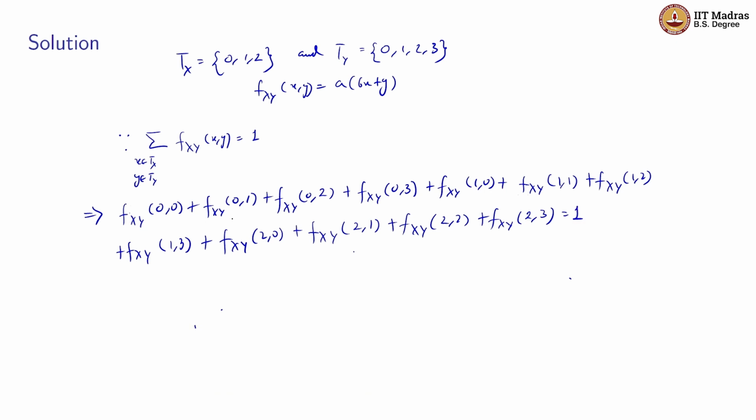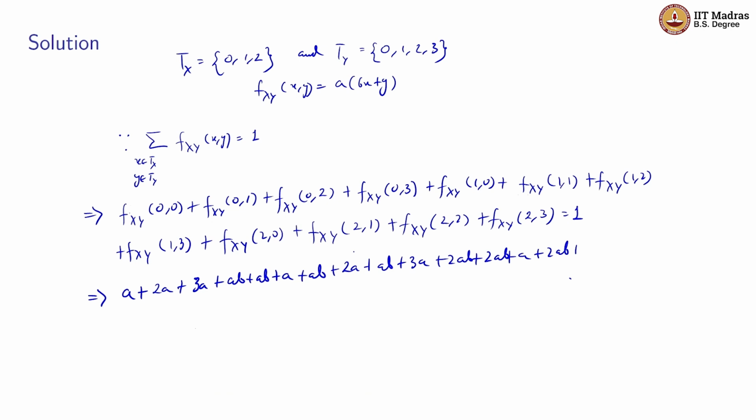So now simply put the values of x and y in the given PMF and we will get probabilities in terms of A and B. So on putting the values of x and y, we will get A plus 2A plus 3A plus AB plus AB plus A plus AB plus 2A plus AB plus 3A plus 2AB plus 2AB plus A plus 2AB plus 2A plus 2AB plus 3A, and this is equal to 1.